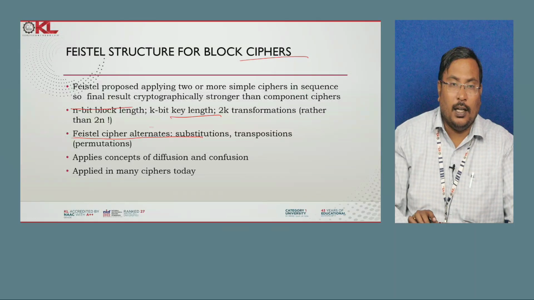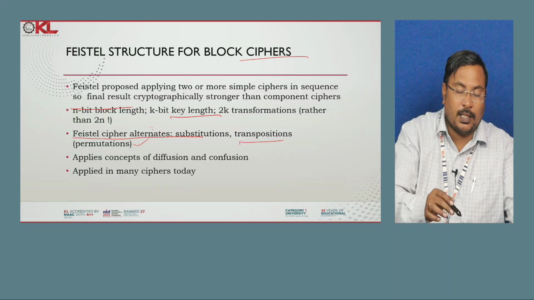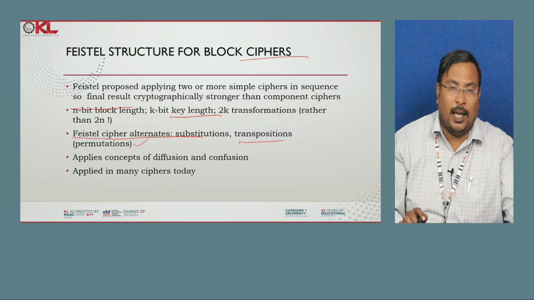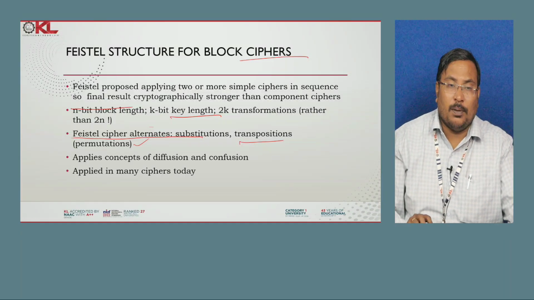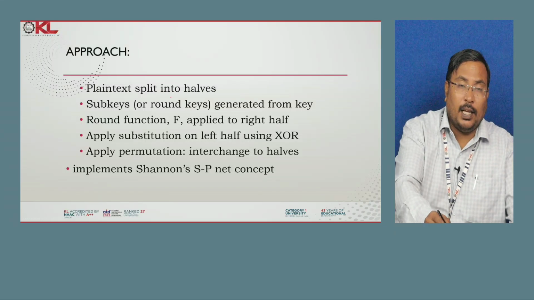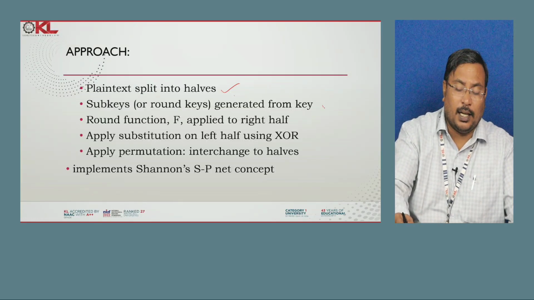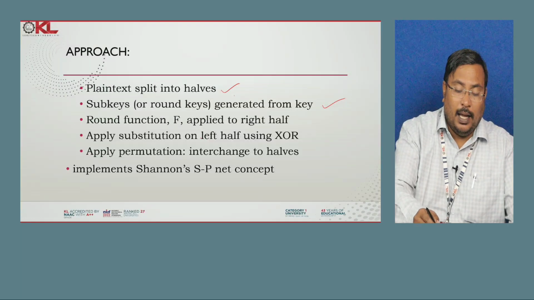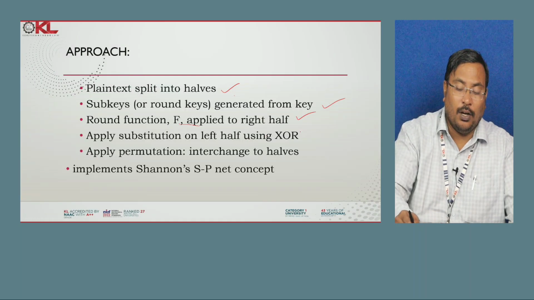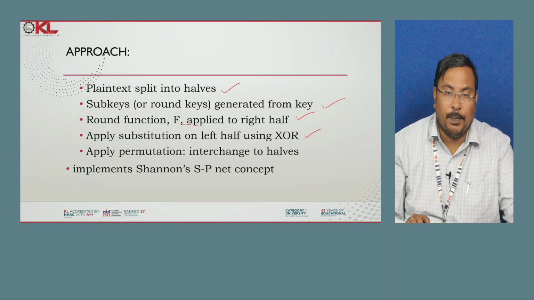The Feistel cipher alternates substitutions and transformations, and transformation is nothing but permutation, changing the position from one position to another position, and it applies the concepts of diffusion and confusion. So the approach is: the plain text is split into two halves, subkeys, that means round keys, are generated, and the round function F is applied on the right half, applying the substitution on the left half by using XOR, applying the permutation, exchanging the values by swapping, and implementing the SP network concept.